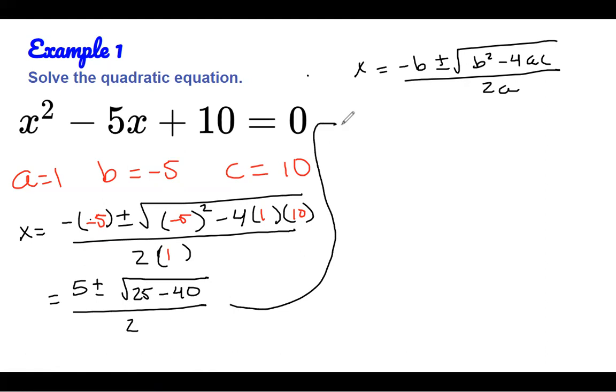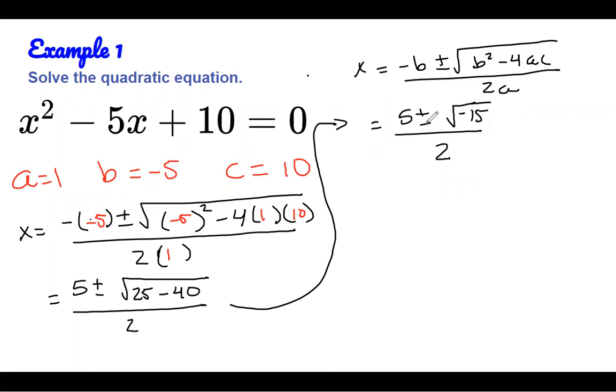All right, let me bring everything up here since I don't have any more space down here. So I have 5 plus or minus. Let's simplify this radical. What's the simplification? 25 minus 40 is -15, over 2. What do you notice here? We have a negative inside of our square root.